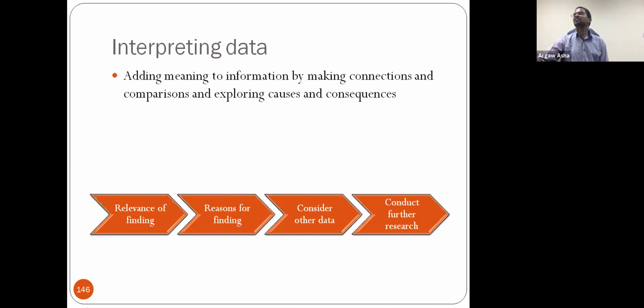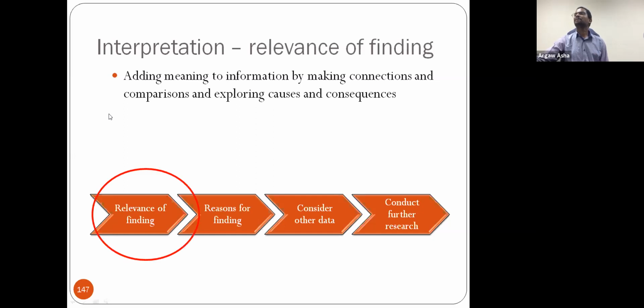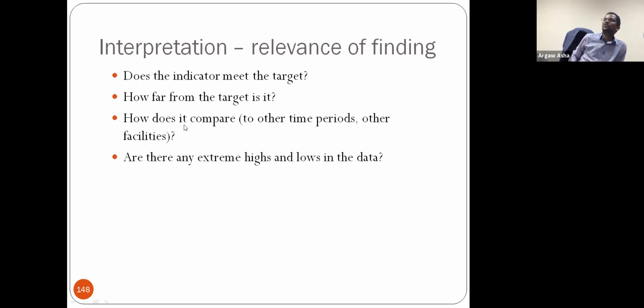That means you can give information by making connection and comparison, exploring cause and consequence. Using the cause and the consequence, you can interpret data in terms of causes and comparison on those data.